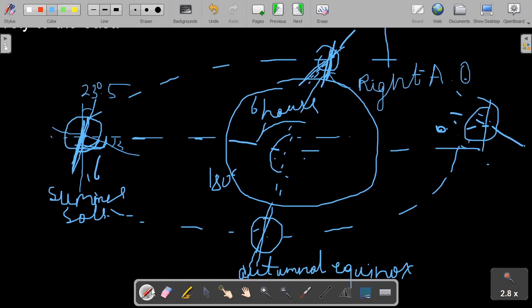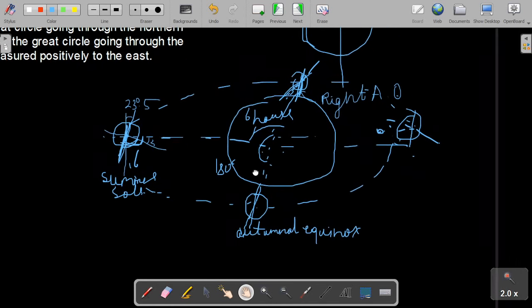So basically the declination of the sun rises from the vernal equinox to the summer solstice, then decreases till it reaches the autumnal equinox, then till it reaches the winter solstice, then rises and reaches the equator again at the vernal equinox.